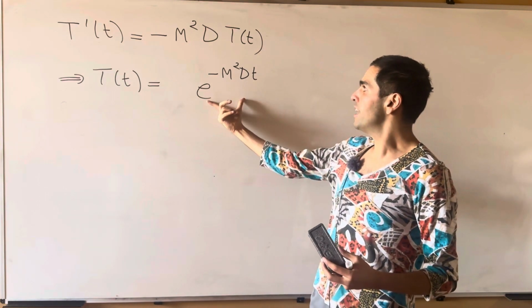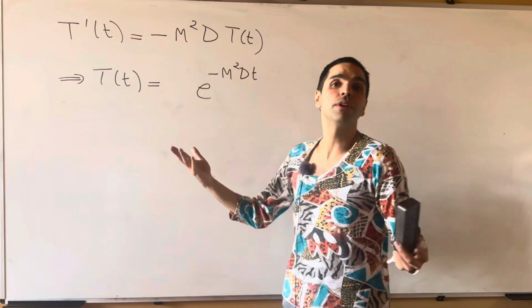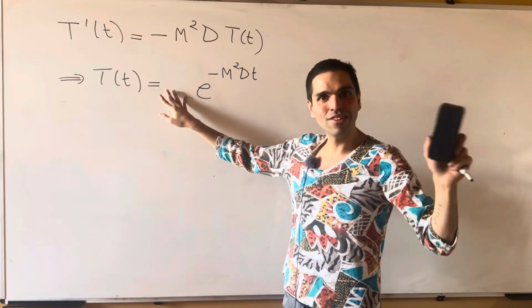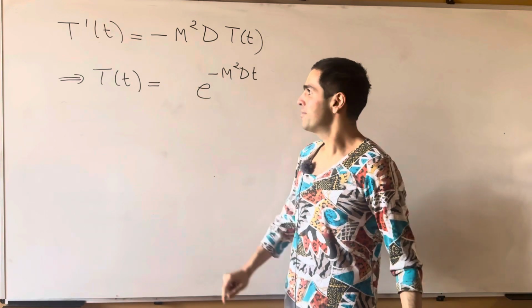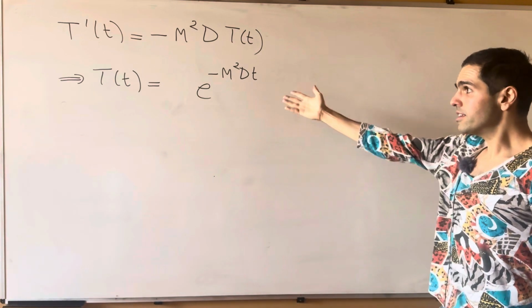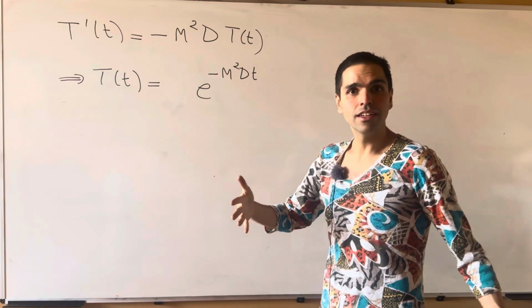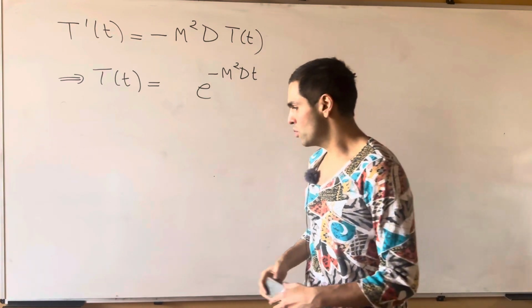Kind of e of minus m squared dt is the building block of our solutions. So it looks illegal, but will be corrected in a second. But this is all good news. We found t, we found x, so now we find our solution.